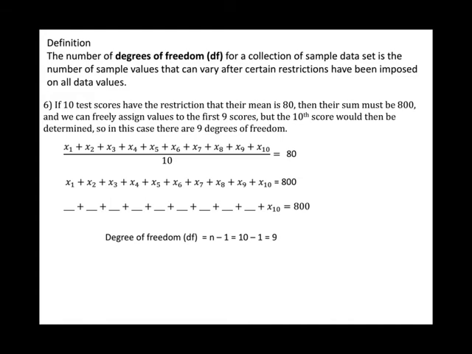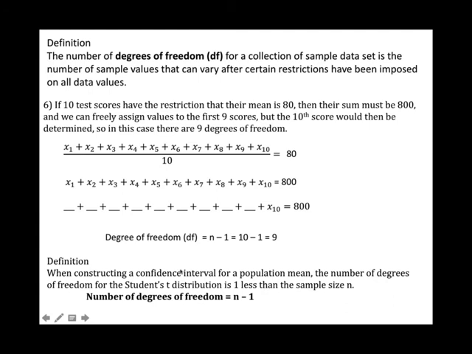I have 9 degrees of freedom to assign any values, but the last one has to be fixed in order to get 800. So how can we find the degree of freedom? It's going to be equal to n minus 1. If we have 10 data values, I have 9 degrees of freedom. If I have 20 data values, I have 19 degrees of freedom to assign any values.